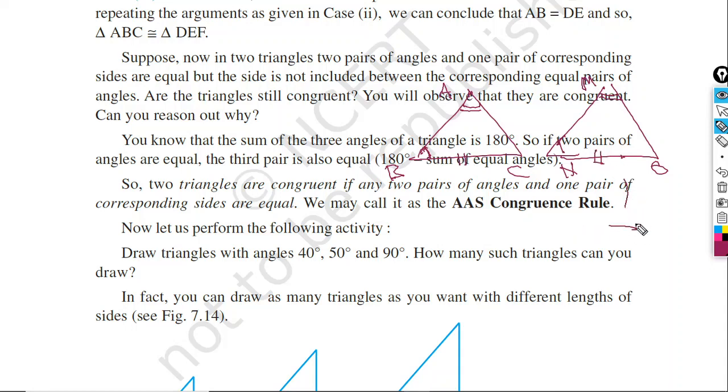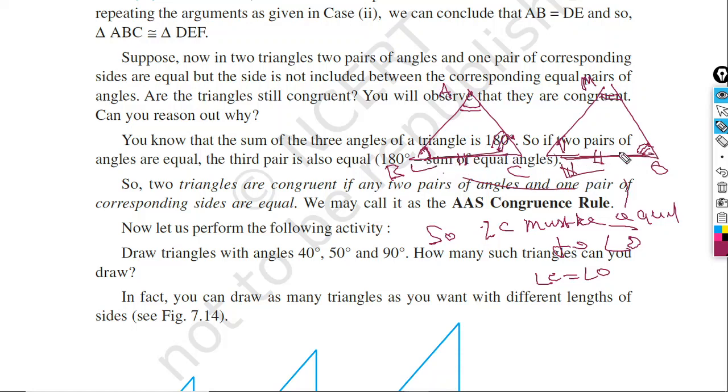Now there is no such criterion as angle angle side yet. As angle A equals angle M and angle B equals angle N, therefore angle C must be equal to angle O. Now look at the figure: angle B equals angle N, BC equals NO, and angle C equals angle O. Now, that is angle side angle, isn't it?